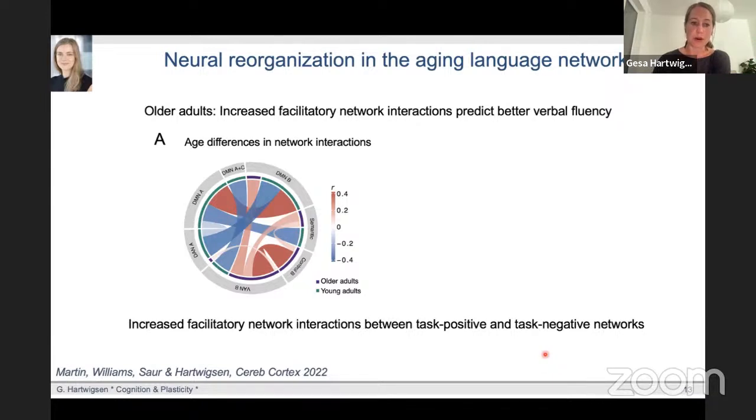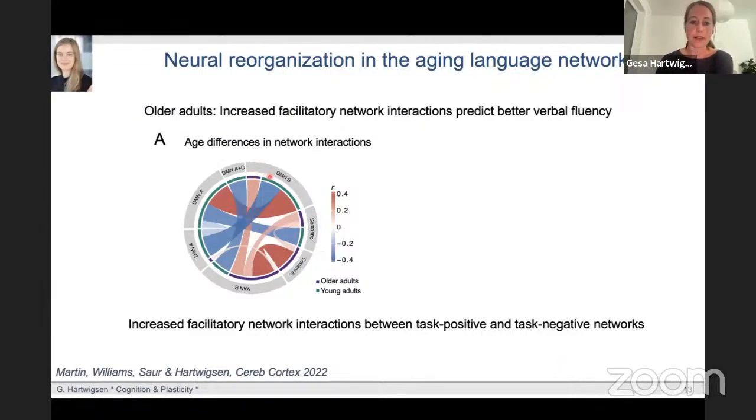And what looks a bit complicated has a relatively simple take-home message. Namely, we see age-related differences in network interactions, such that we have increased facilitatory network interactions between networks that are usually anti-correlated. What does that mean?